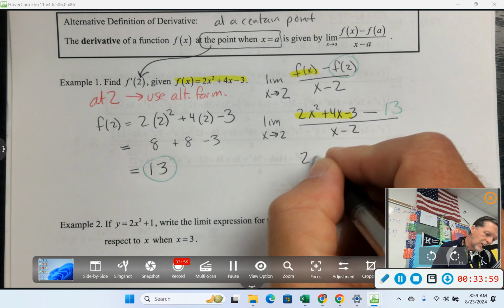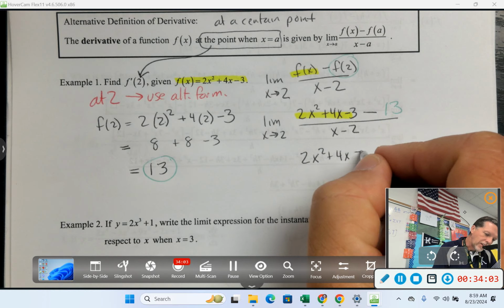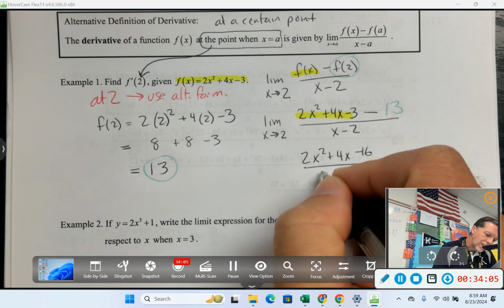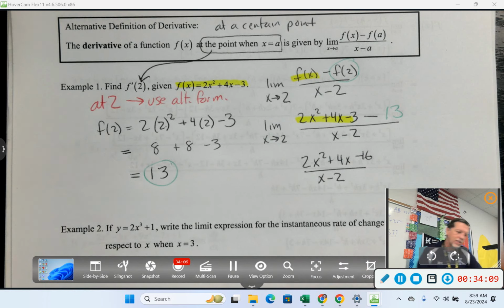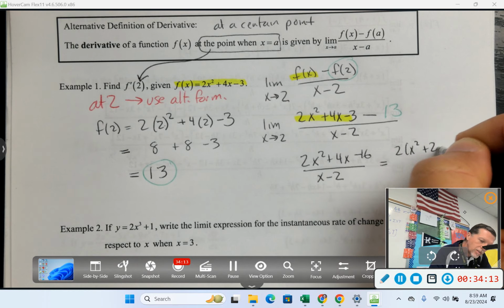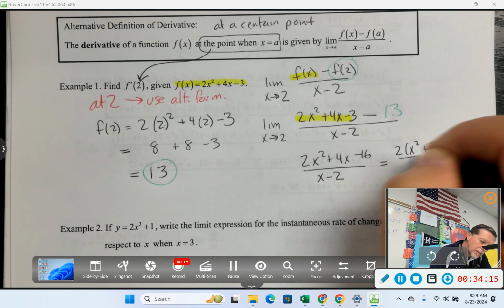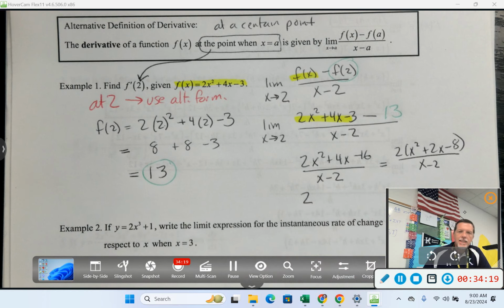Let's see if magically the top would factor. That'd be amazing. Let's see, I can take out a 2. That'll make factoring easier. X squared plus 2x minus 8. That'll factor as well.